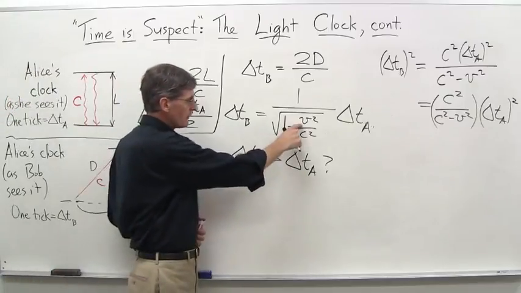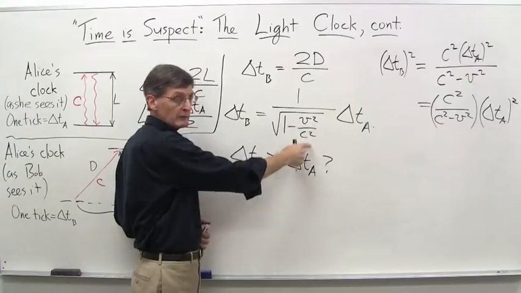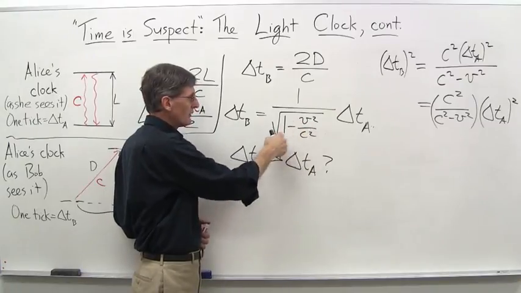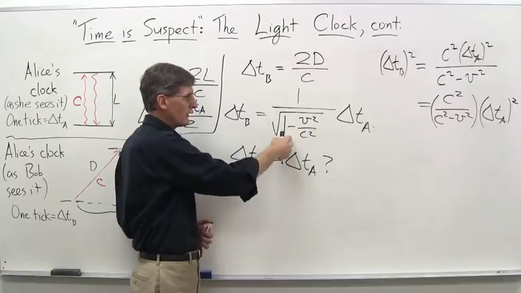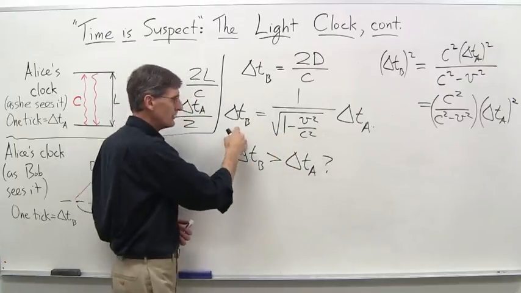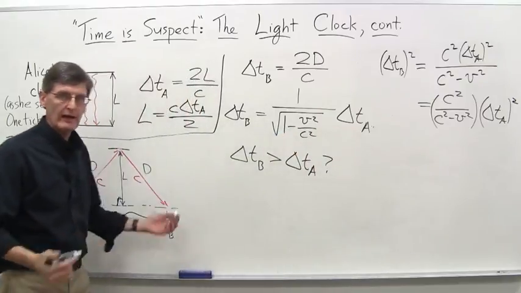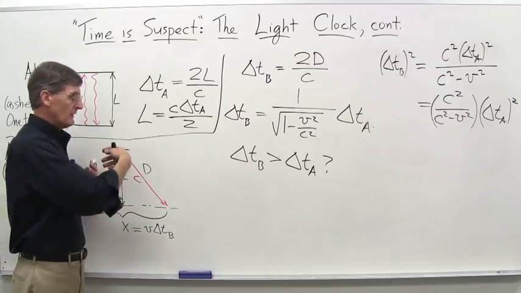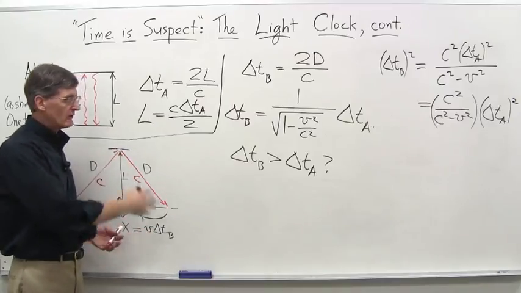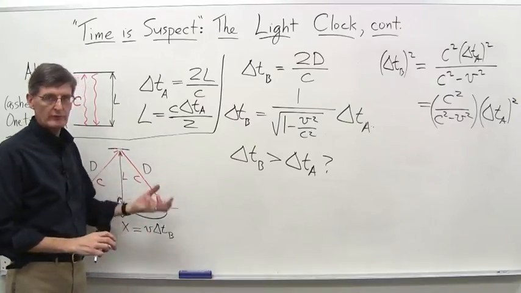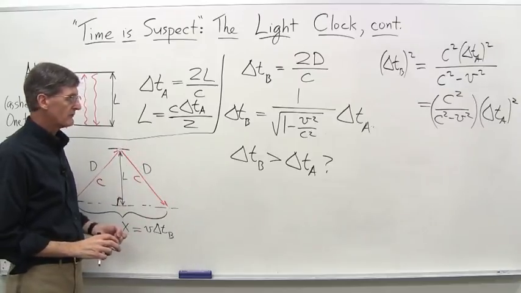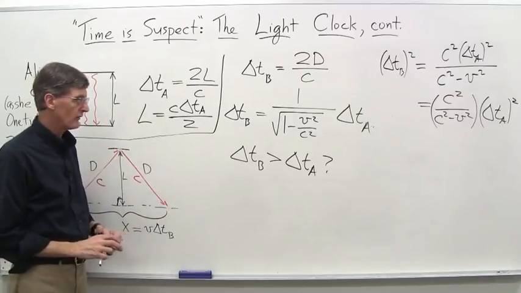If v is 0 here, this becomes 0, so I've got 1 minus 0. Square root of 1 is 1. I get 1 divided by 1 is just 1. I get delta TB equals delta TA, as we would expect. In other words, if they're just sitting there next to each other, there's no difference in their tick rates, assuming that they are identical clocks. And the math is checking out for us there.